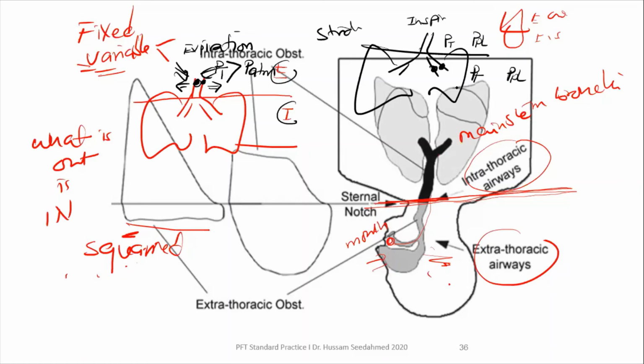During inspiration, the tracheal pressure is greater than the intrapleural pressure, because the intrapleural pressure is negative at rest, and during inspiration it becomes more negative. So during inspiration the intratracheal pressure is greater than the intrapleural pressure, and this causes expansion of the airways.